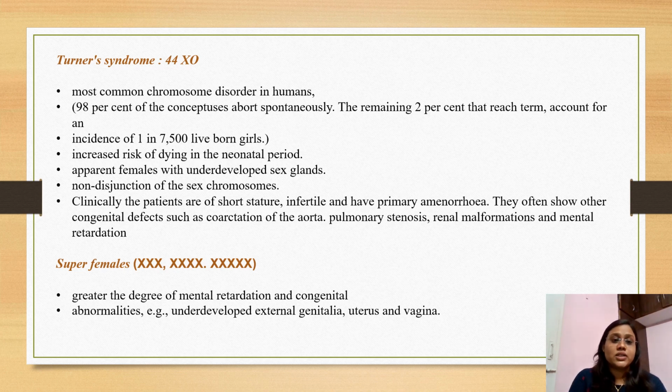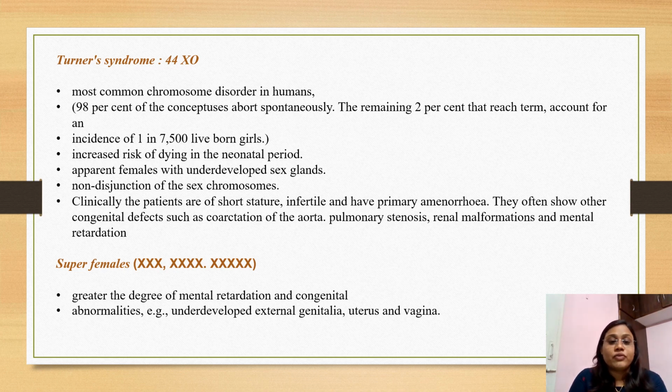Now these Turner syndrome patients are apparently female but have underdeveloped sex glands. So clinically the patients are of short stature, infertile, and have primary amenorrhea. They often show other associated congenital defects, for example coarctation of aorta, pulmonary stenosis, renal malformation, and mental retardation.